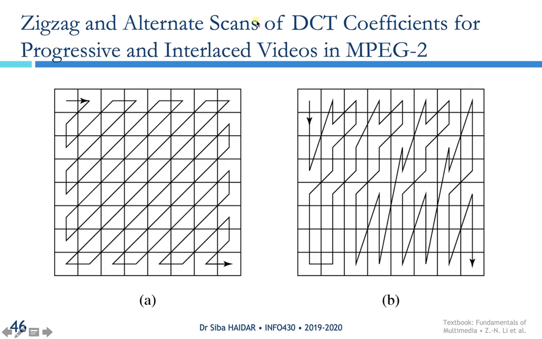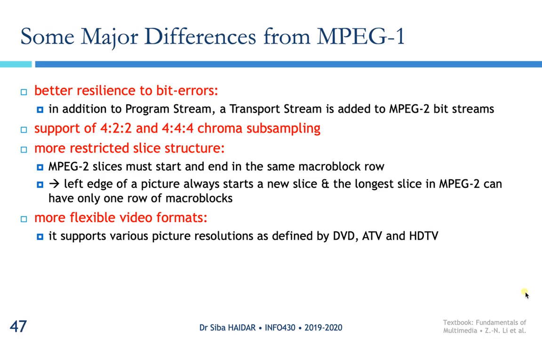Next, zigzag and alternate scans of DCT coefficients for progressive and interlaced video in MPEG-2. You have the traditional zigzag scan, and also in MPEG-2 you have another kind of scan, the alternate scan, which is also used to gather the low values of the DCT transform after the quantization in a one-dimensional vector.